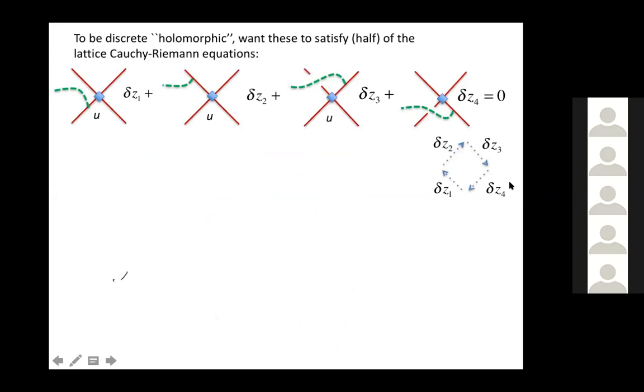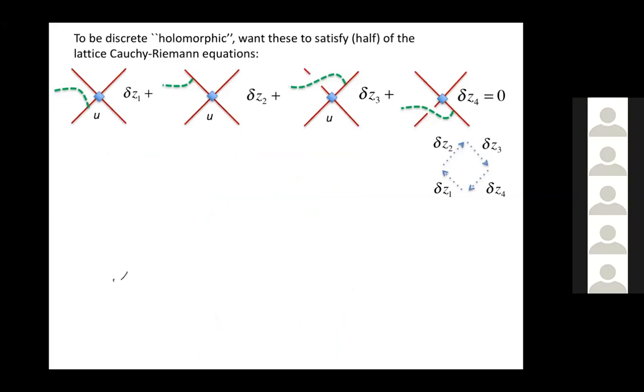So if you want these operators to be discrete holomorphic, now I'm just writing down the same equation I put on the first slide, what Smirnov did there. So we take a topological defect, we terminate it on an edge of the lattice, and the category gives you a nice way to define such a thing. And then we want it to satisfy this.